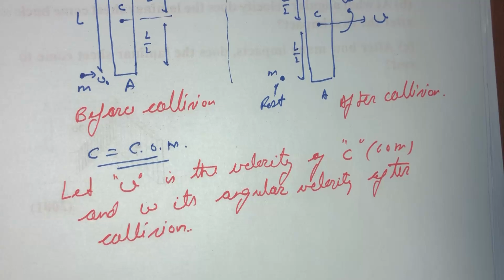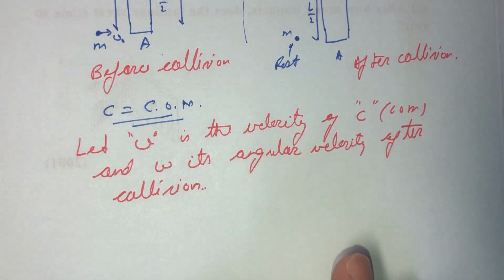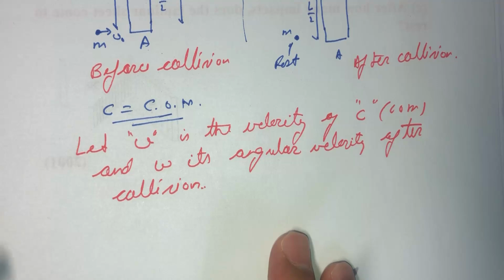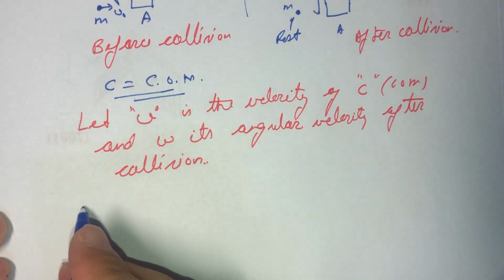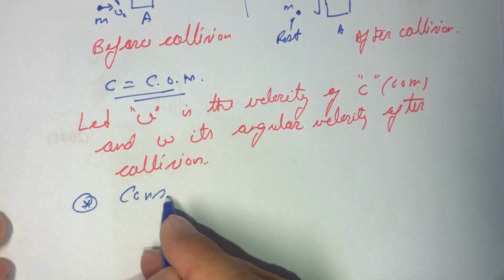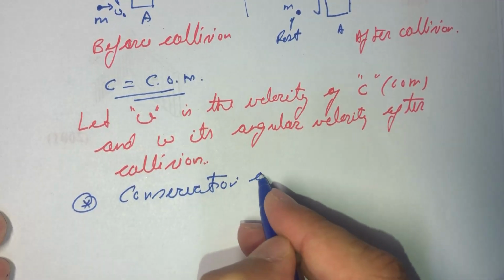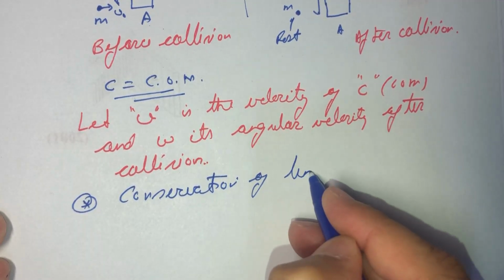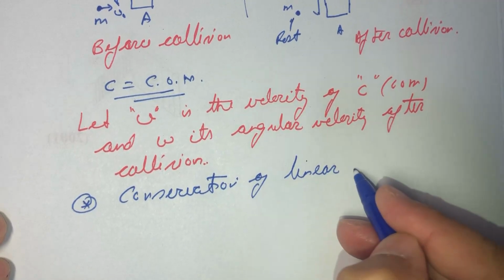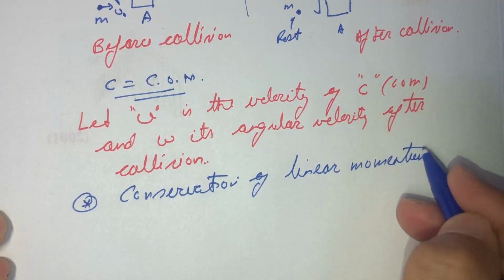The table is given as frictionless, so we can use conservation. Let us start with the conservation of linear momentum.